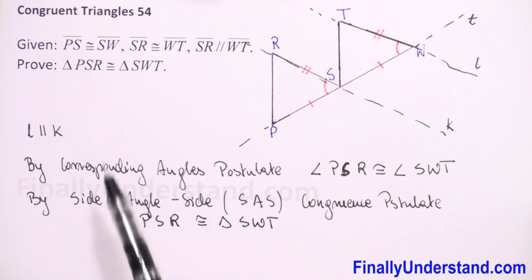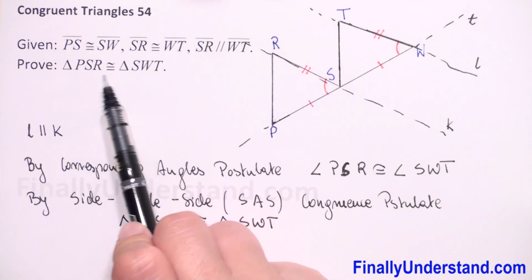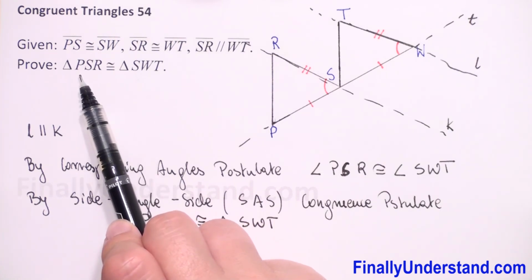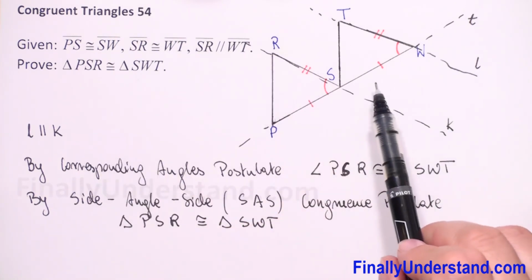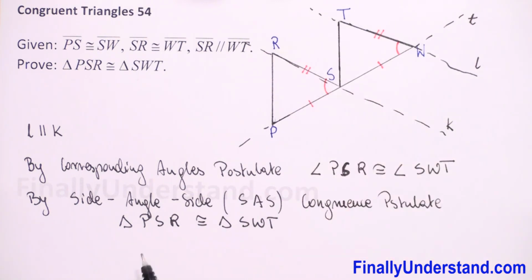And we got exactly what we have to prove. We have to prove that triangle PSR is congruent to SWT. So we just showed this. This is my solution.